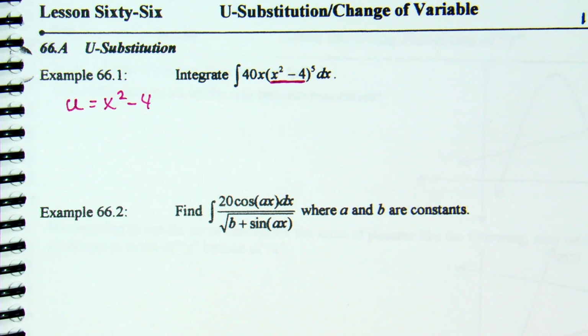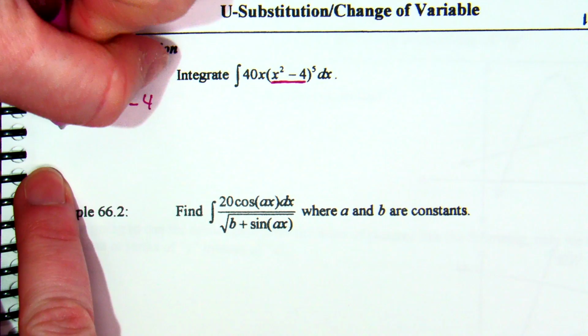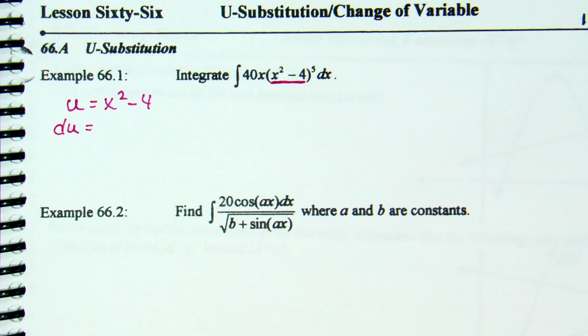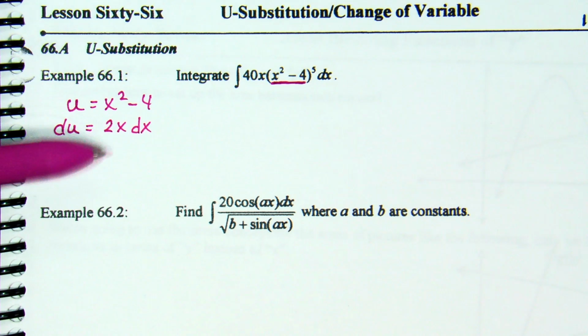The derivative of u, I usually list as du. Derivative of u is 1 with respect, so just du. Derivative of x squared minus 4 is 2x times dx. And we're going to use this as part of our use substitution, which is why I wanted to go ahead and find our derivative.